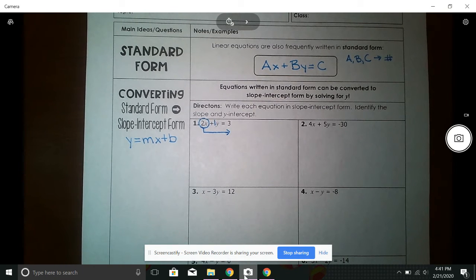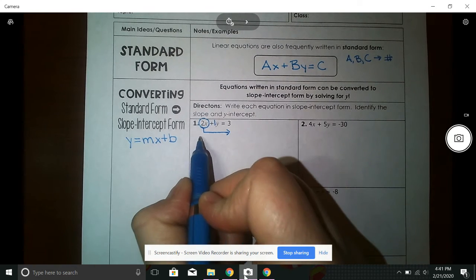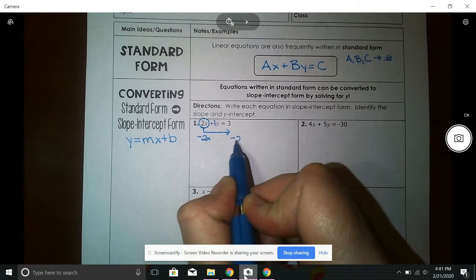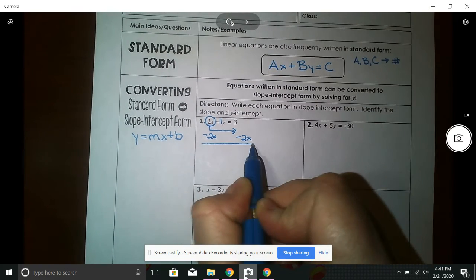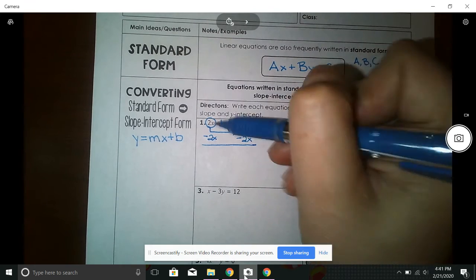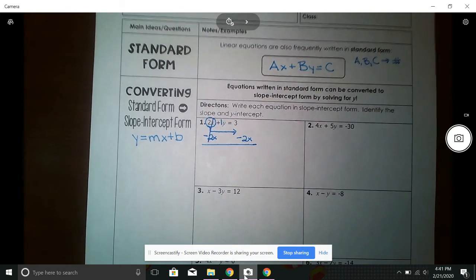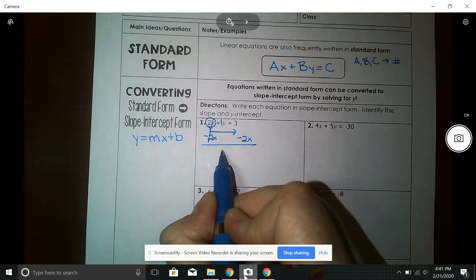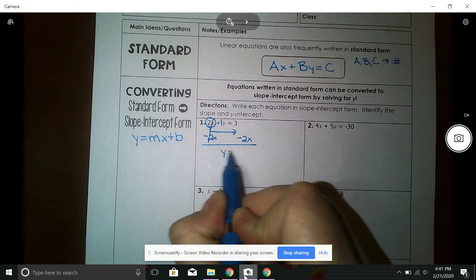It could represent my mx on the other side of the equation. We know from equation solving that to move something across the equals, we have to use the inverse operation. So I'm going to subtract 2x from this side to bring it to the right side. The only thing I have left here is a 1y. I'm just going to write that as y equals.